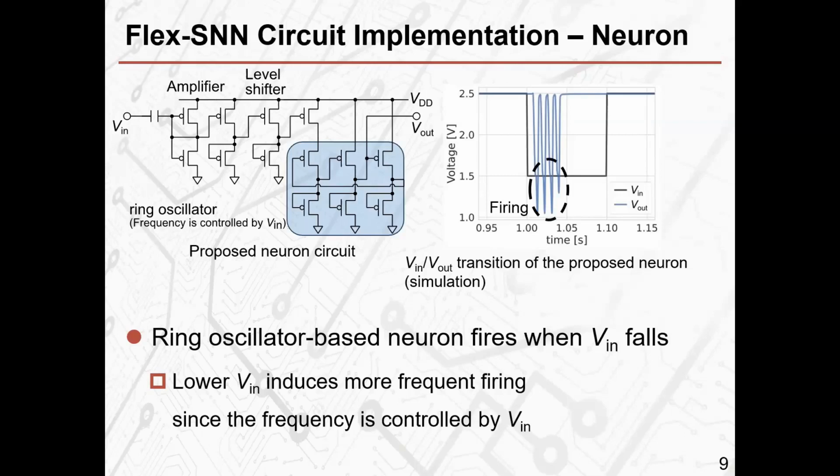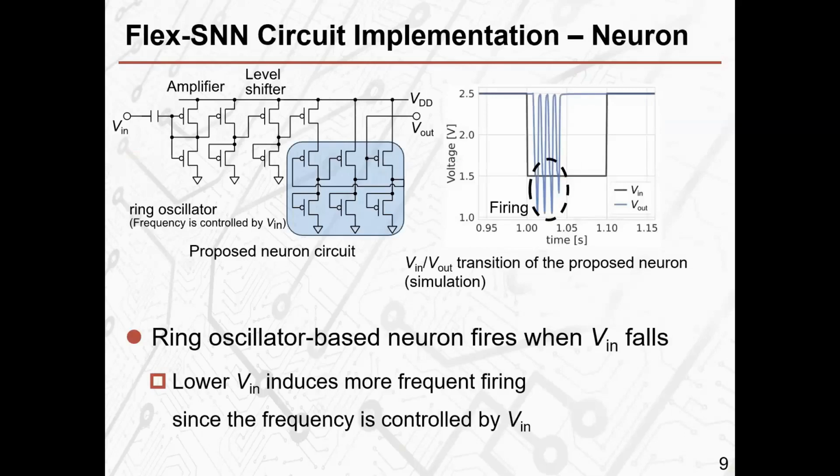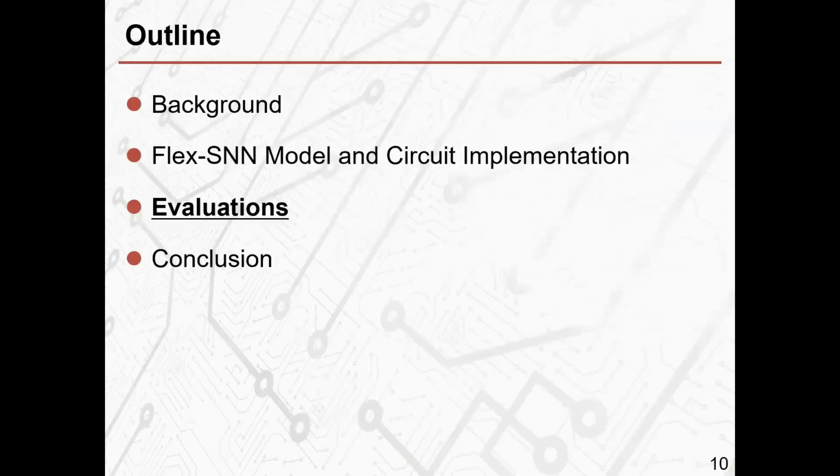The right side of the figure shows the V-in and V-out signals. As shown in this figure, the V-out fires when the V-in level falls. Also, in this ring oscillator, the lower the V-in, the more frequent the firings, since the frequency is controlled by V-in.